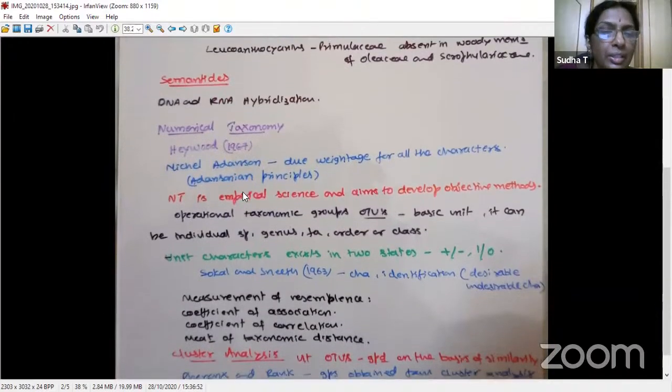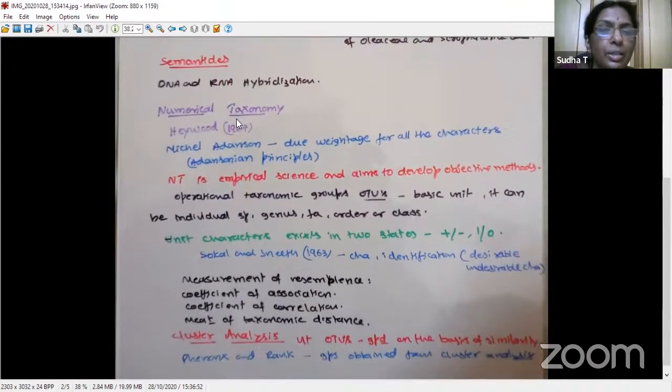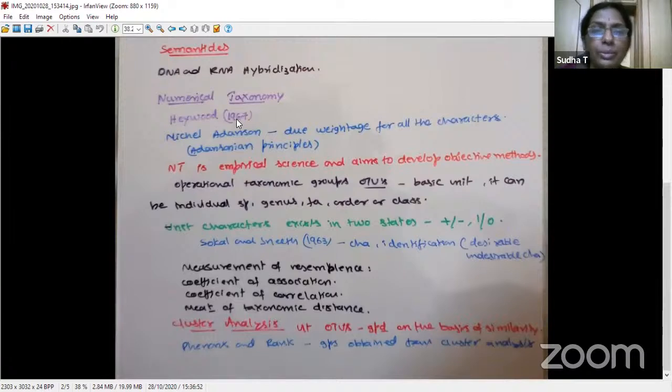So this is one thing I told you about, the numerical taxonomy. Of course, it is not easy to explain. I just briefed the numerical taxonomy in our class also. Like the computer is there in all the fields, here we are going to use computer knowledge in taxonomy, another way of expressing taxonomy.